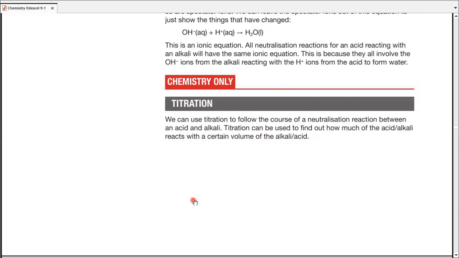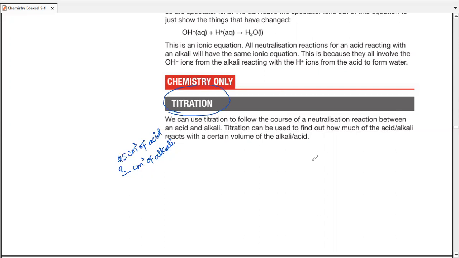For example, if you have 25 cubic centimeters of an acid, then you can identify in neutralization how many cubic centimeters of an alkali is required. So for this type of work in which the quantity of alkali can be found out, we call it a quantitative analysis, and this quantitative analysis is titration.